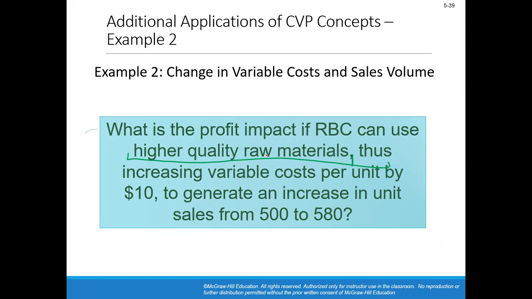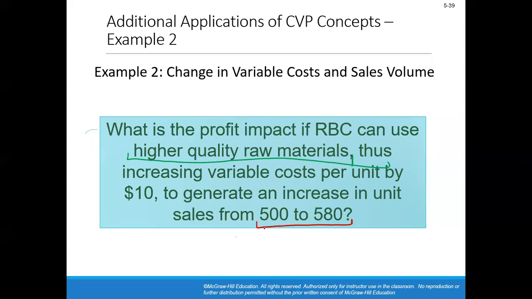So what is our purpose for increasing the higher quality raw materials? It is not our purpose to get the increased variable cost. Our holistic purpose is that we have realized that if we do this, our sales will go up from 500 to 580 units.